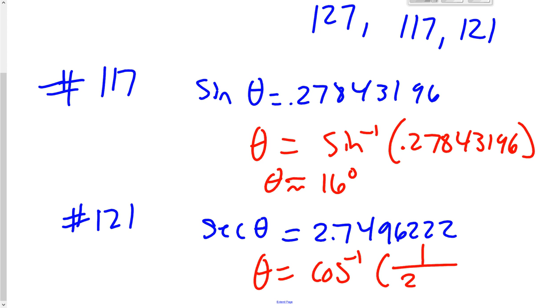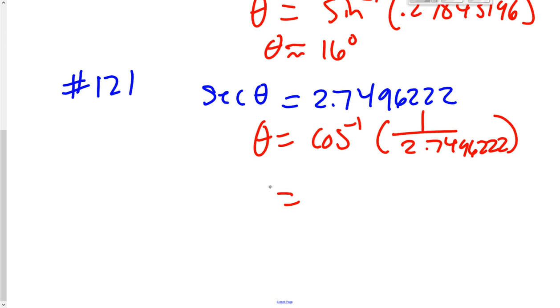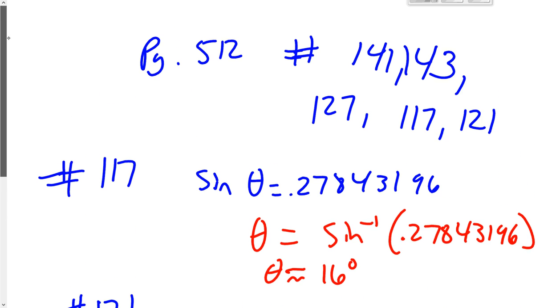Because secant is the reciprocal of cosine, so we have to flip our answer. We put that in our calculator, and we get the angle is approximately 69 degrees. So there's that one. And you can go ahead and practice the other ones on your own.